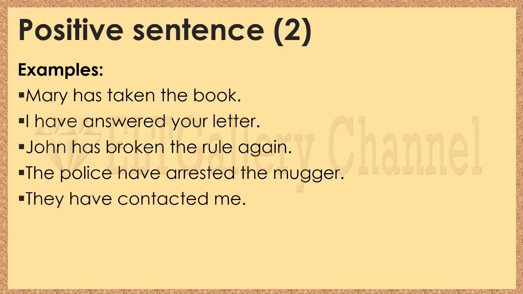They have contacted me. Yes, the police have contacted me, showing that they have arrested the murderer. Have here is used because we have they over here. So once again, we have has for a singular third person like Mary or first person like I. John has, I have, but the police which is plural, have and they have.